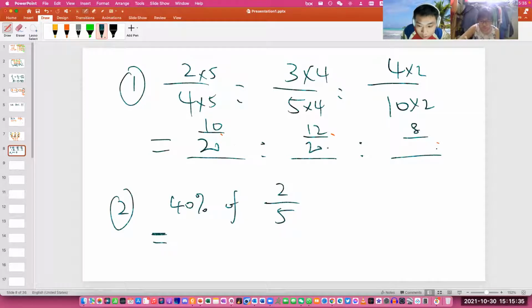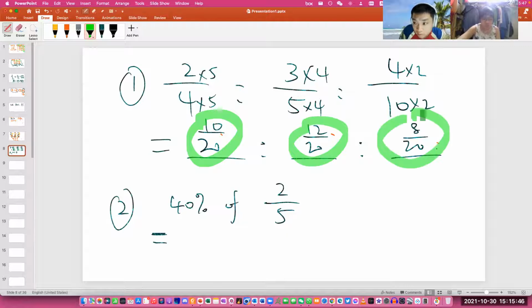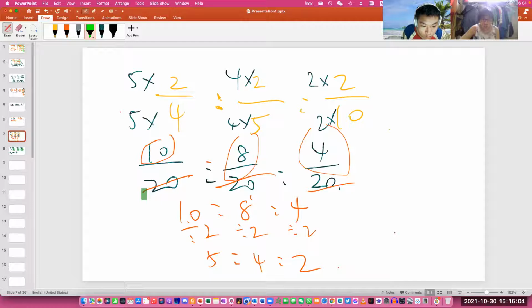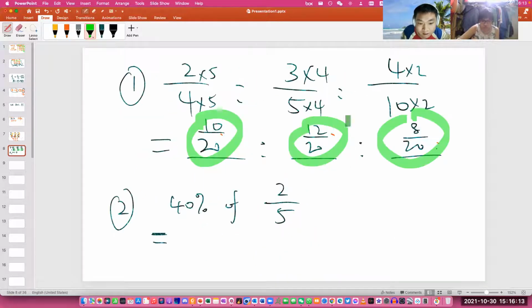So you get 10 over 20, then 12 over 20, and then after that, what do you do? Look at my screen and answer me what you are going to do after this. You get these 3 of them. What are you going to do next? The denominator is all 20, right? So what do you do to the denominator 20, 20, 20? Divide. You cancel the 20 because you see all the denominator is 20, 20, 20 already.